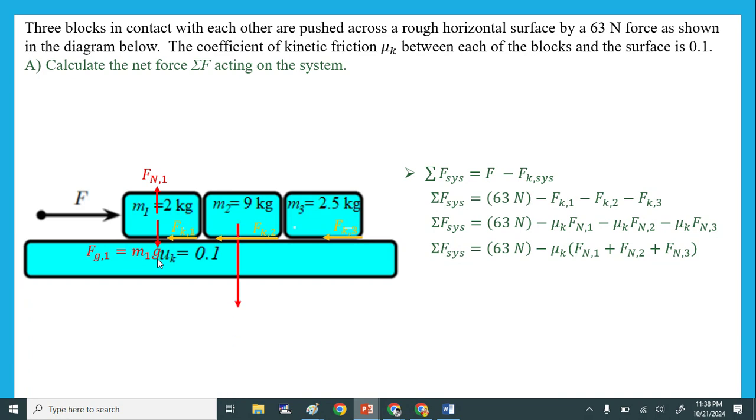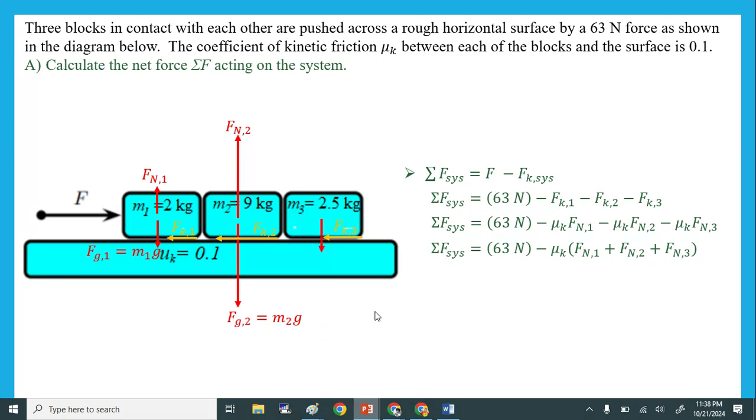Here is Fg2. Again, I've drawn Fg2 just a little longer, just for the sake of visual. This is 9 kilograms compared to 2, so the weight should be more. And if that's the case, Fn should be the same magnitude, just in the opposite direction of Fg2. Therefore, this vector here is Fn2. So we can say that Fn2 is the same magnitude as Fg2.